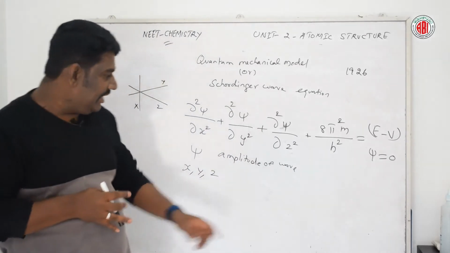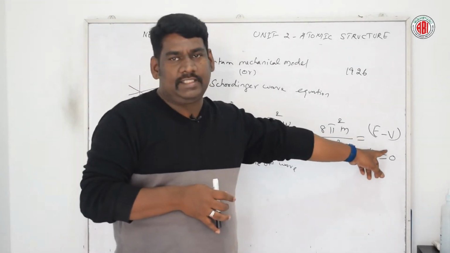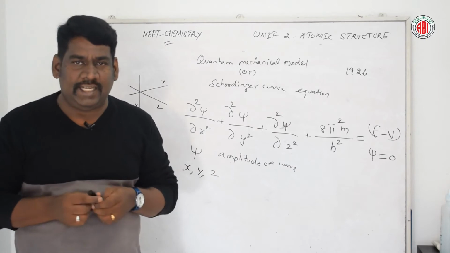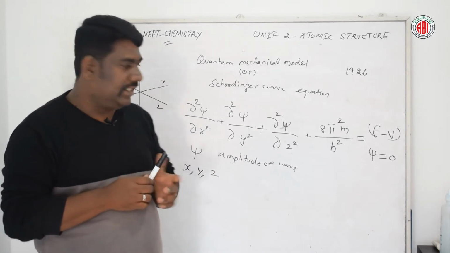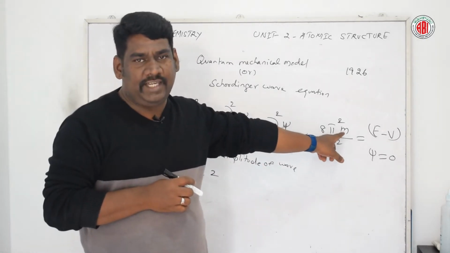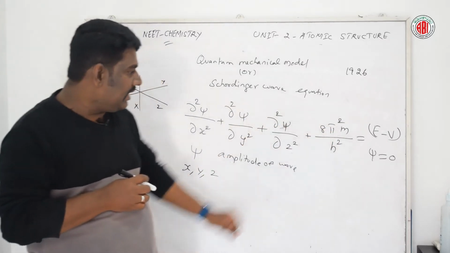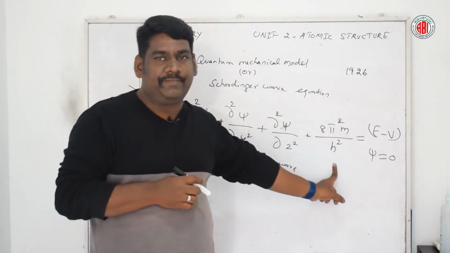V stands for the potential energy, m stands for the mass of the electron, and h stands for Planck's constant.